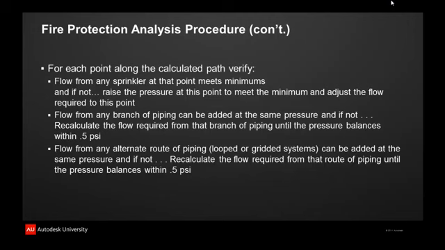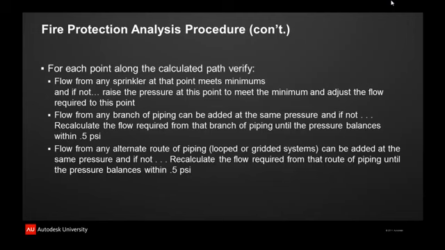We also have to get the flow from any branch of piping that can be added at the same pressure, and if not, we can recalculate the flow required from that branch until that pressure balance is within 0.5. We calculated branch line 1, and when we got to branch line 2, we didn't quite have the same pressure and flow, and we just calculated branch line 2 until the pressure was the same as branch line 1 plus a little piece of the cross main.